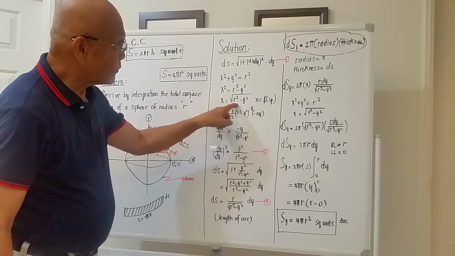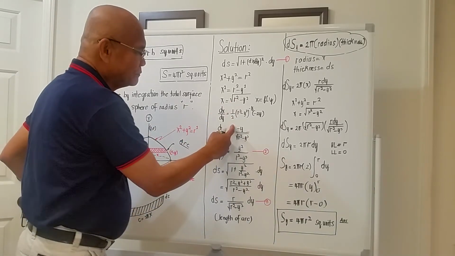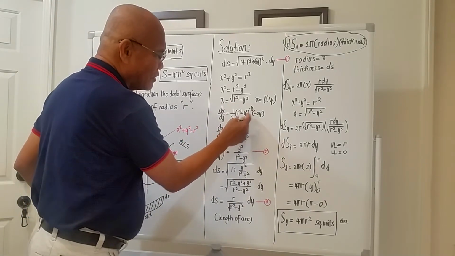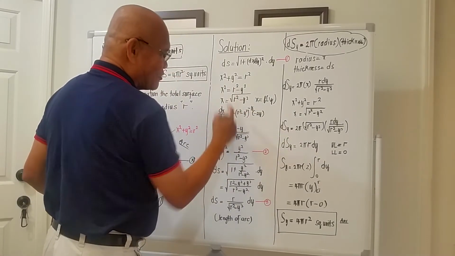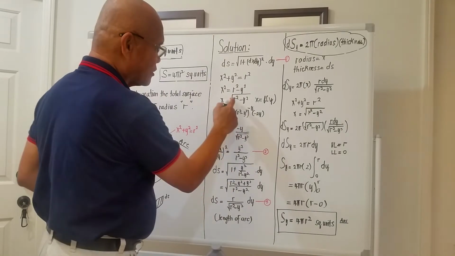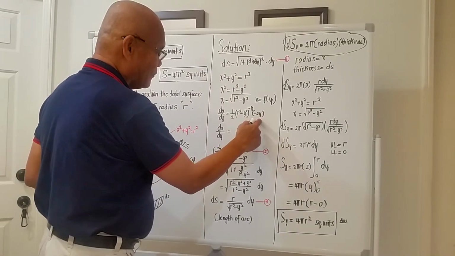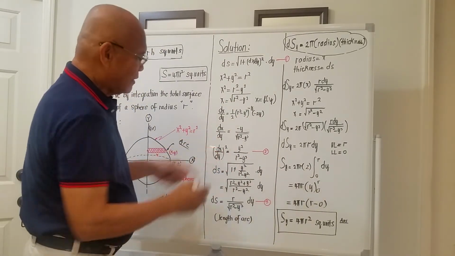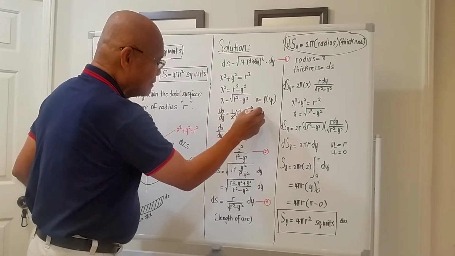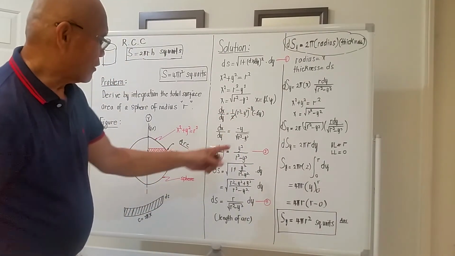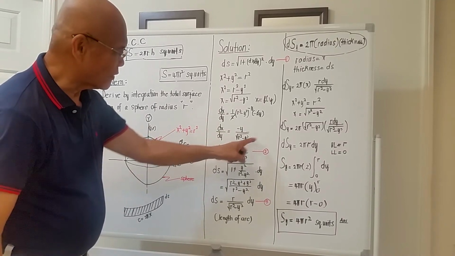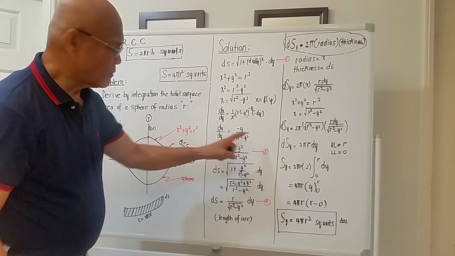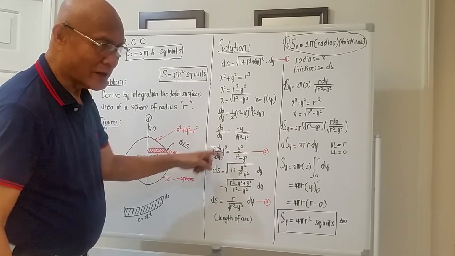This should be the one power formula: 1/2, the value of u raised in power decreased by 1, this is negative 1/2, times the derivative of the value inside, which should be 0 minus 2y. dx over dy will be, actually here, this 2 cancels. Okay, so what remains will be dx over dy equal to negative y over the square root of r squared minus y squared. That's the first derivative of x with respect to y.